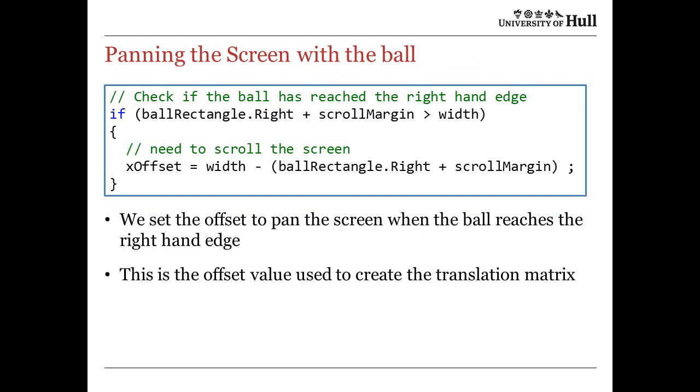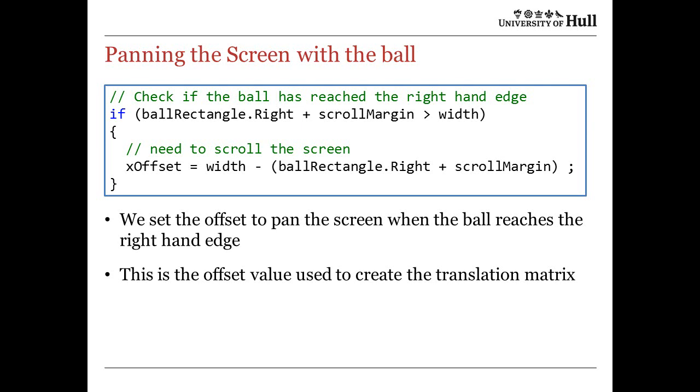In fact, this is my code for the ball. The ball says if the right-hand edge of the ball plus the scroll margin is bigger than the width of the screen, what's happening is the ball's going up like that, it's got within the edge of the screen, and so we're getting a bit close to falling off. And I have a margin value which is basically going to stop the ball from going beyond the edge.